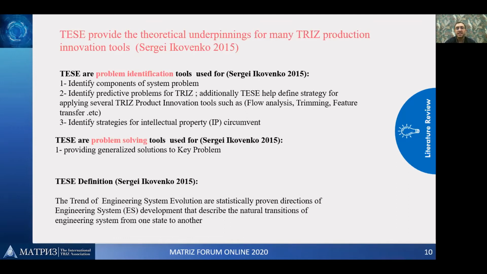For instance, TSE helped define strategy for applying several TRIZ product innovation tools such as flow analysis, streaming, feature transfer, etc. TSE is also used for problem solving in case of generalized solutions. TSE is defined as a statistically proven direction of engineering system development that describes the nature of transition of an engineering system from one state to another.